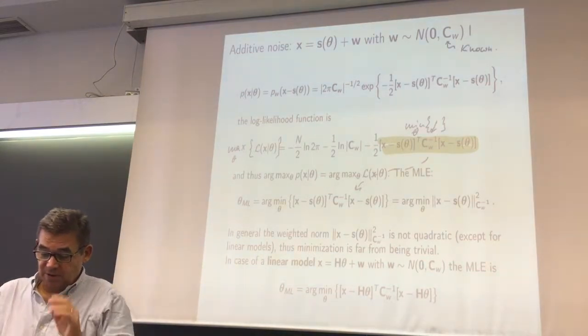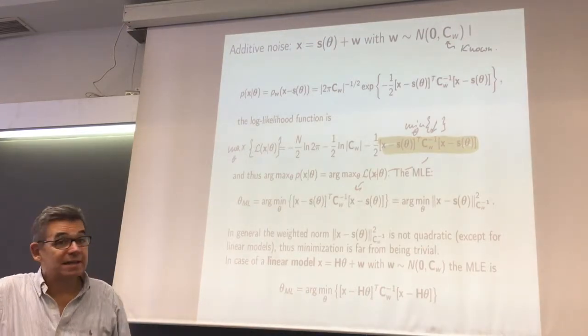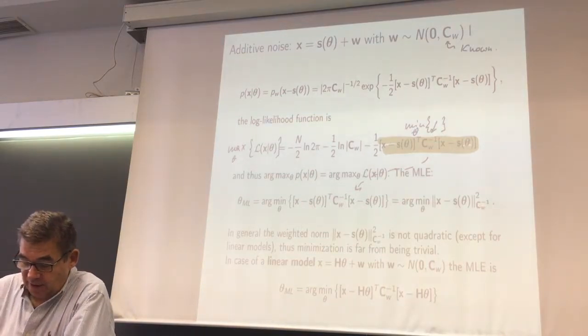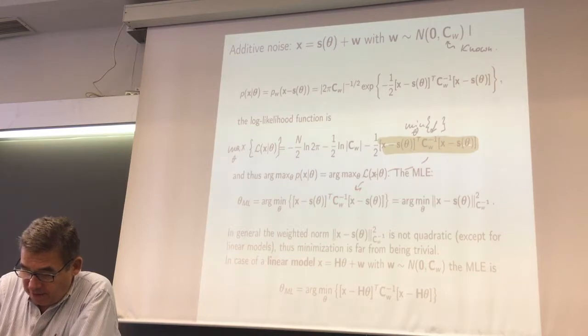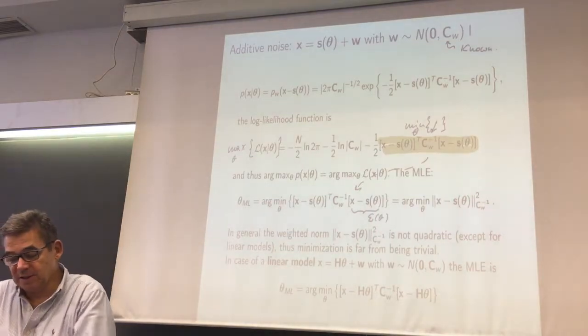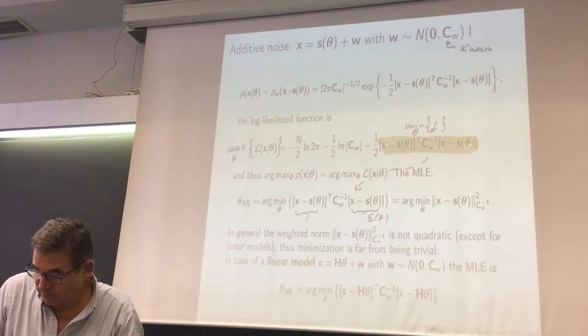Sometimes this is called the quadratic metric, weighted by the inverse of the covariance. Each is an error depending on theta, and an error transpose depending on theta.